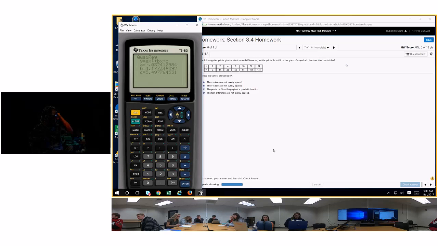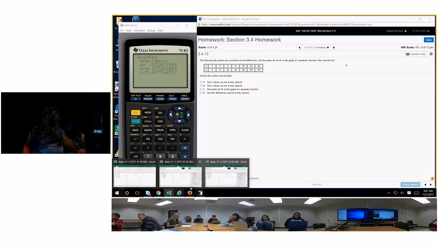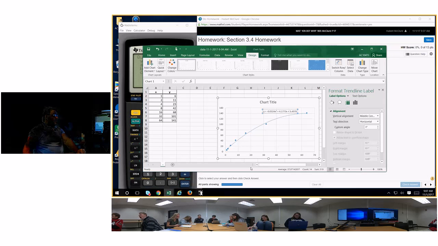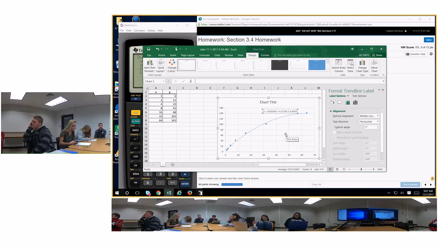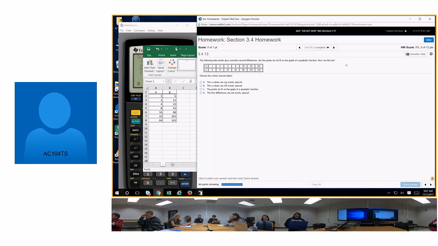So in this case, go back to the question. I don't say that fits. Well, let's look at the graph again. They're not evenly spaced. They don't fit. So I don't know what it's looking for. The x values are not evenly spaced.